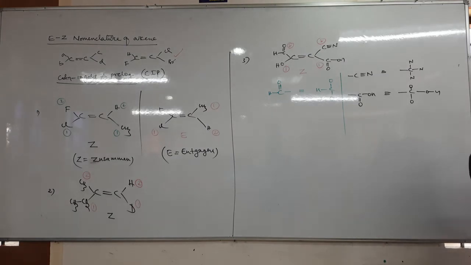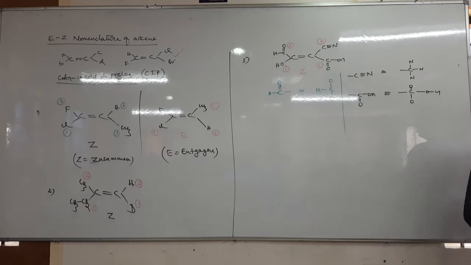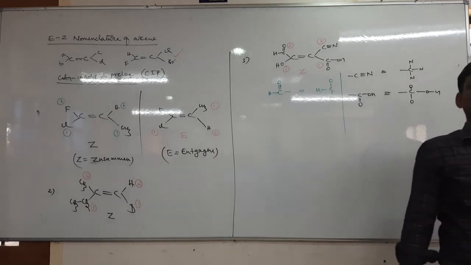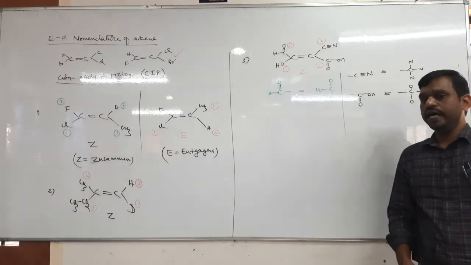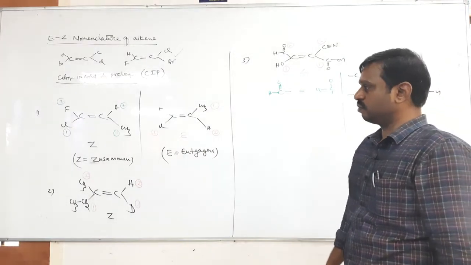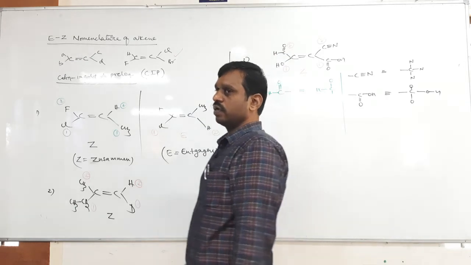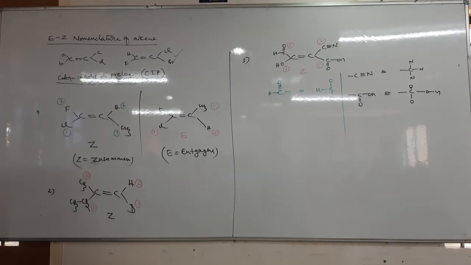Rule 1: Identify the atoms or groups present on each double bonded carbon atom and give the priority based on atomic number or atomic mass.